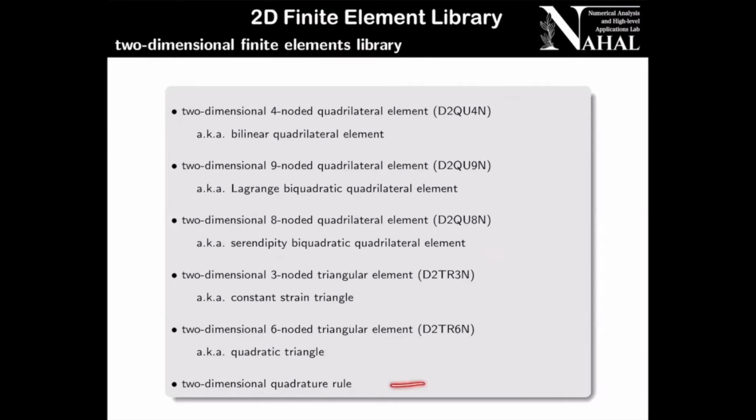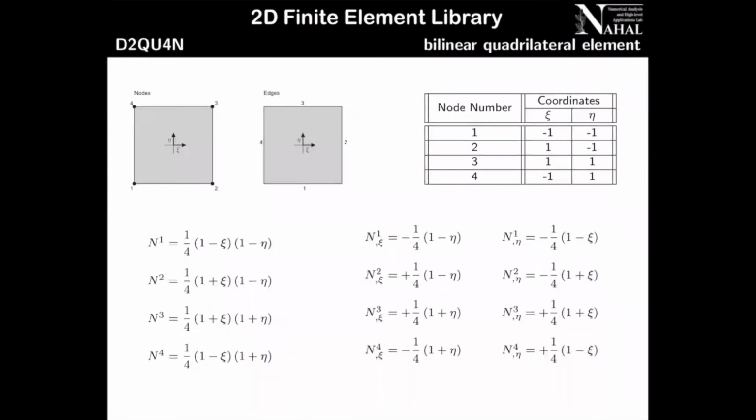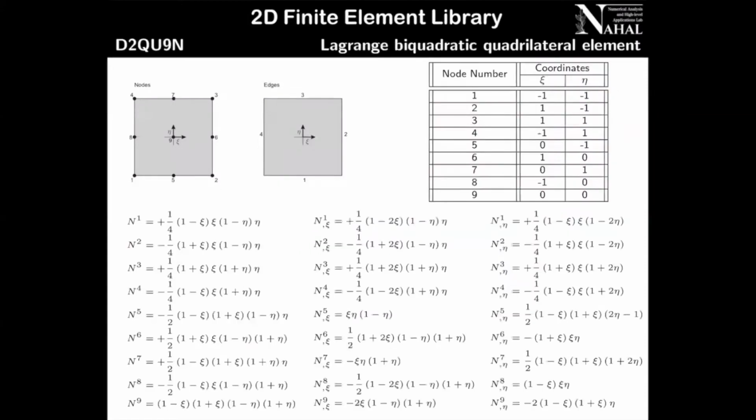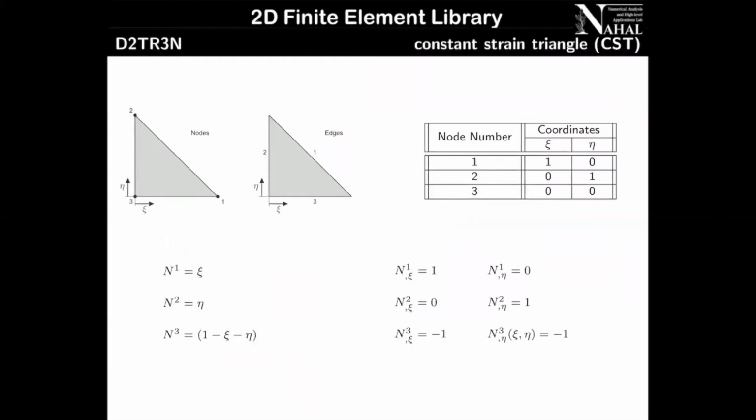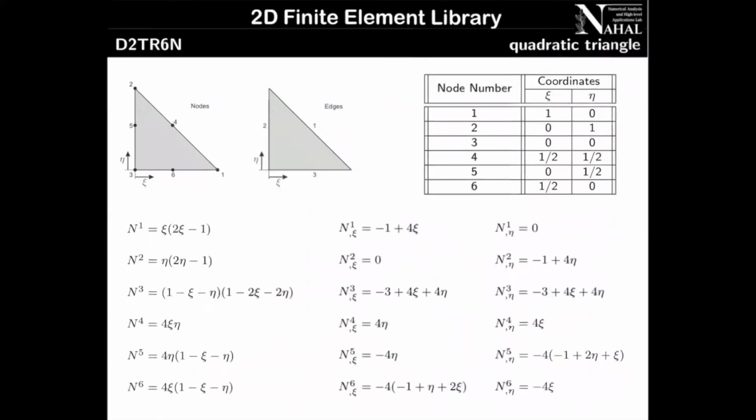And also we talked about their integration rules. So if you have a bilinear quadrilateral element, these are the shape functions. We learned together exactly how to write these shape functions, and we showed how these surfaces look like. We did the same thing for Lagrange biquadratic, for serendipity biquadratic, for linear strain triangle, and eventually for quadratic triangle.